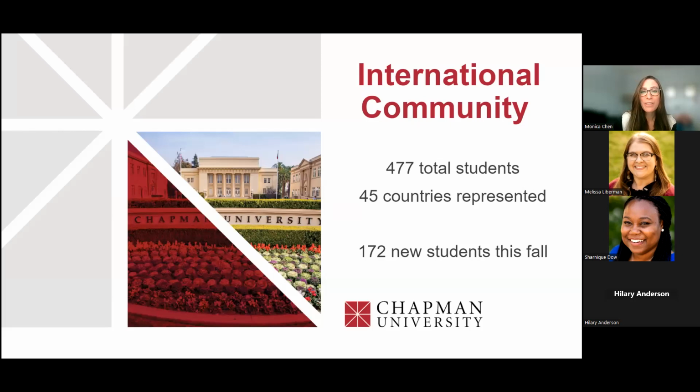Those students represent 45 different countries. And this fall, we welcomed a new cohort of 172 students, combined between graduate and undergraduate students. So it's a good representation on our campus, and hopefully there are students from your home country here on our campus already that you'll be able to connect with.